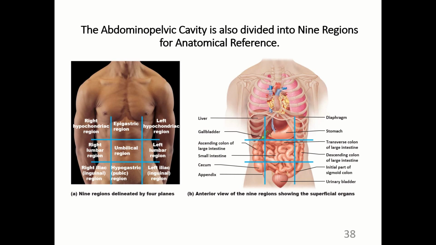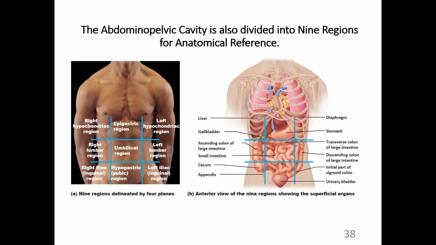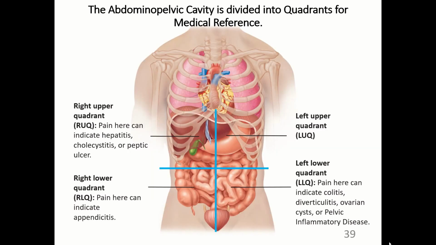The abdominopelvic cavity is large, and thus it is divided into regions. There are two major divisions. There are the 9 regions and the 4 quadrants. The 9 regions are used for anatomical reference as they are more specific than the 4 quadrants.